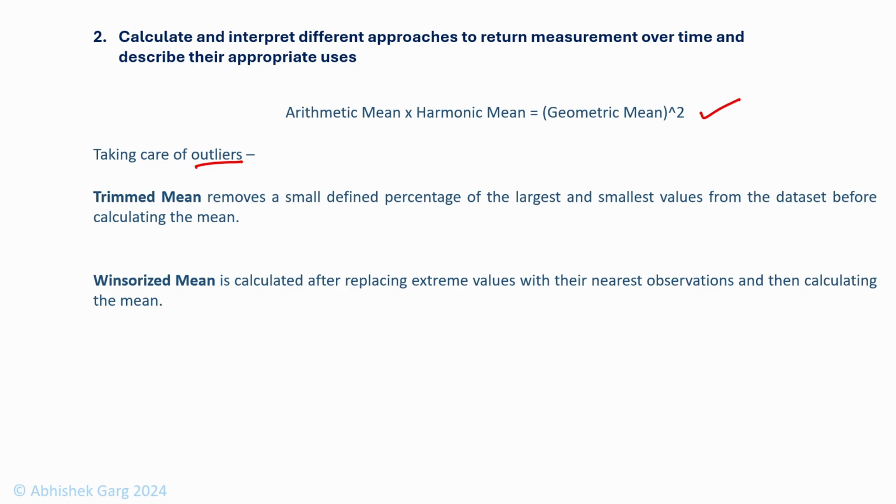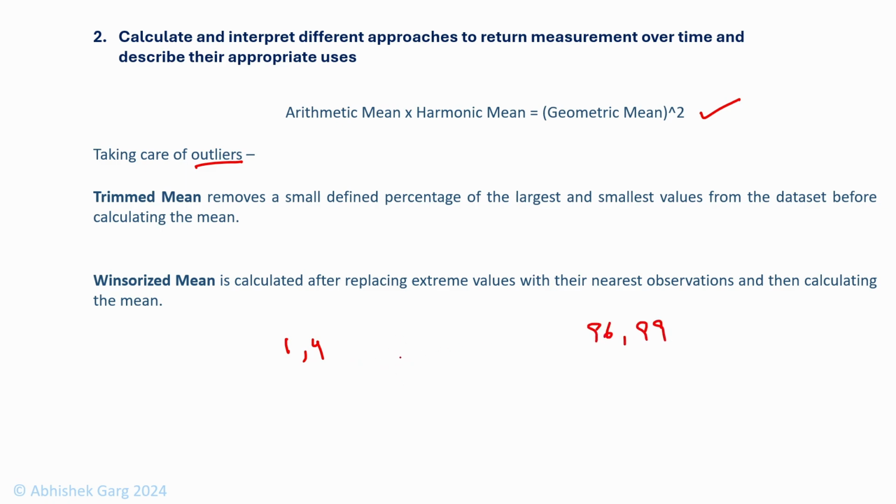And the second approach is Winsorized mean. A Winsorized mean is calculated after replacing the extreme values with their nearest observations. Now let's suppose that you have got a data set ranging from 1 to 100, and your extreme values in that data set are 1, 4, and after that the highest values of your data set are 96 and 99.